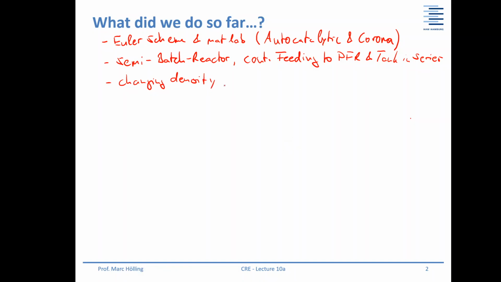There we introduced this epsilon. With this epsilon you can say my volume flow is the initial volume flow times 1 plus epsilon times the conversion. And we also used a lot of the conversion.